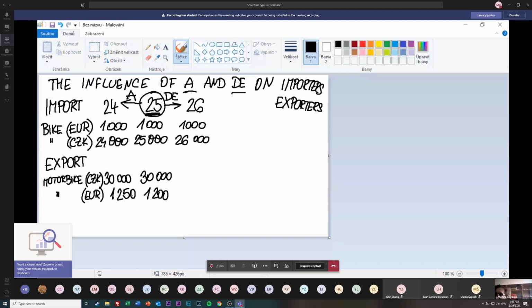On the other hand, if the Czech crown depreciates, I produce the same motorbike, the price is the same. So 30,000 divided by 26 is about 1,154. So now the motorbike will be cheaper in the German market.